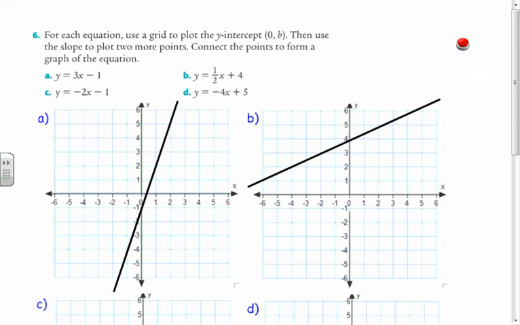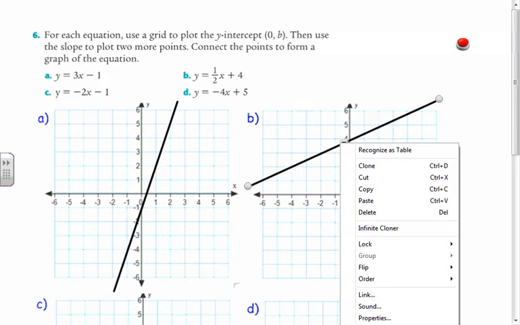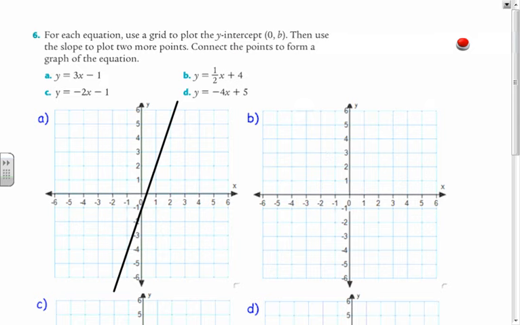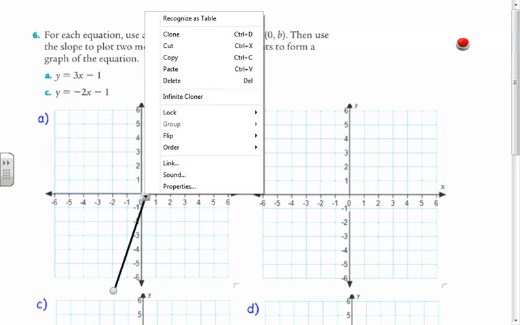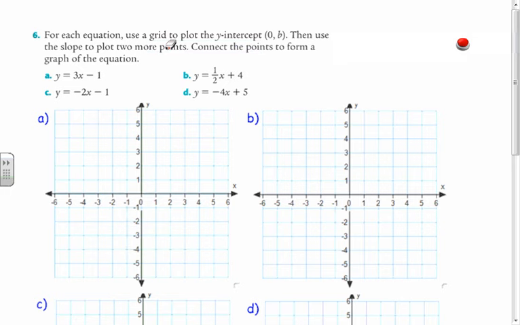On this page, we're going to use a grid to plot that point, and then we're going to use the slope to plot 2 more points on the line. The first thing we want to do is identify from the equation the y-intercept. In this first equation, remember, it's y equals mx plus b. So we have to think of what are we adding. If we want to write this as an addition, we would say we're adding -1.